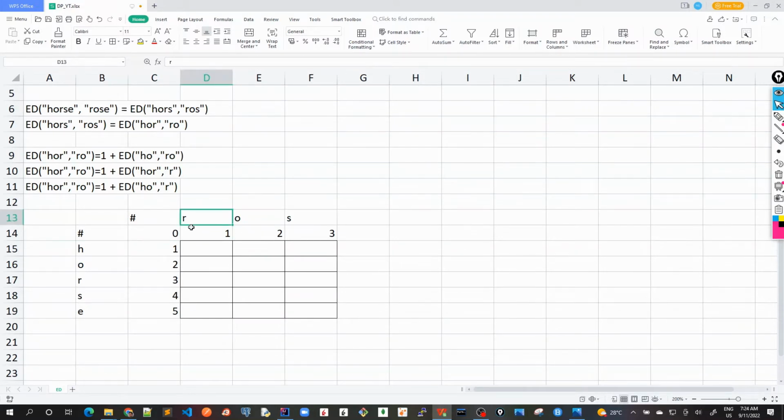Now H and R. We found in the previous approach that if the characters don't match, it would be 1 plus the minimum of three options: removing R, removing H, or just taking the previous one.